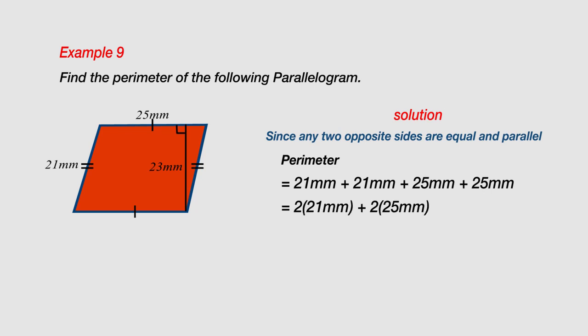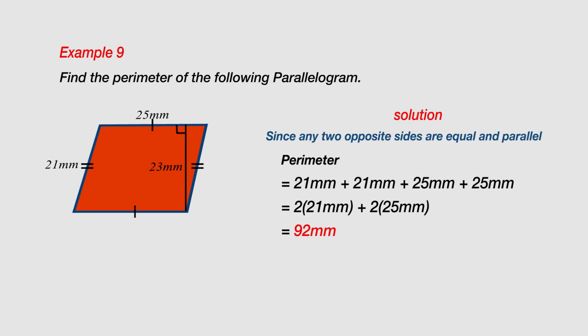And that gives us 2 times 21 plus 2 times 25. And our answer is 92 millimeters. If you look at the diagram, you'll find that there's a perpendicular height, which is 23 millimeters. But we did not use this to work our question because it is not one of the borders of our shape.